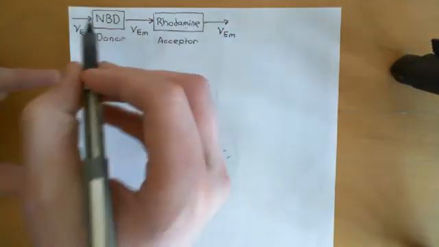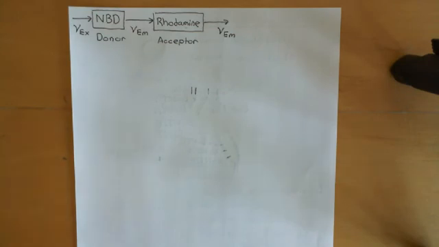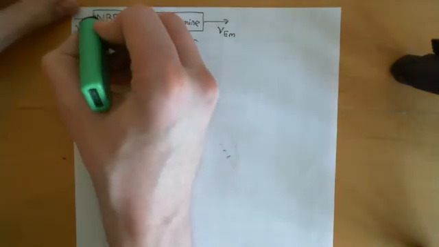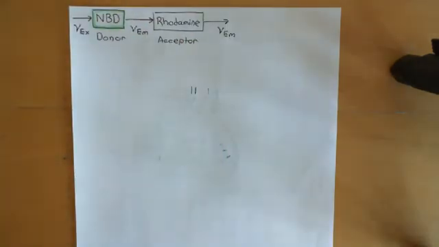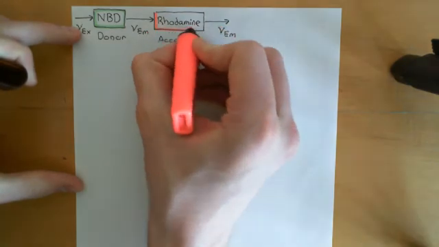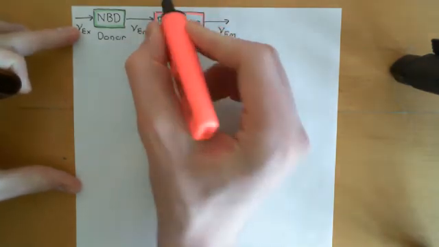So the emission frequency of NBD normally will be quenched by rhodamine. This is the phenomenon of fluorescence resonance energy transfer that we've just discussed, now taken into a specific example with NBD and rhodamine.